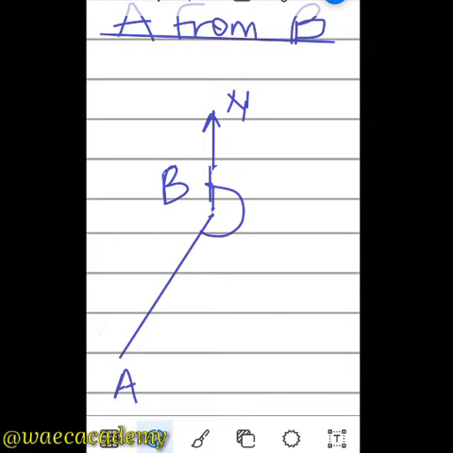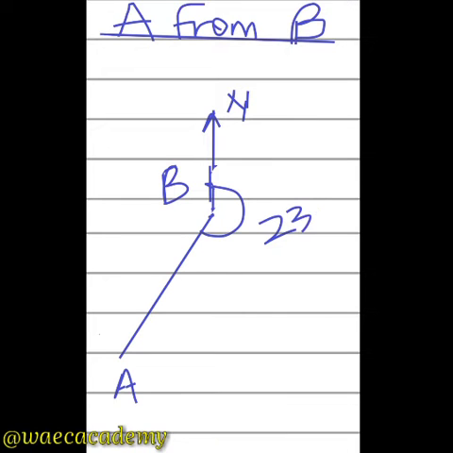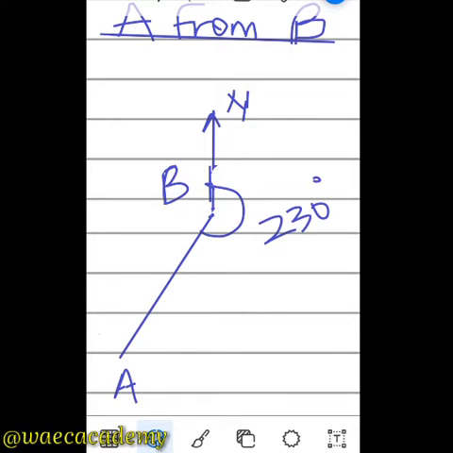So this angle in this case is what? Let's say this angle is 230 degrees. So it is given to us in the question that the angle from north to A is 230 degrees. So what is going to be the bearing of A from B?